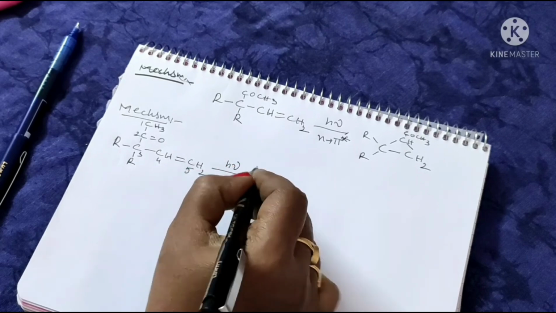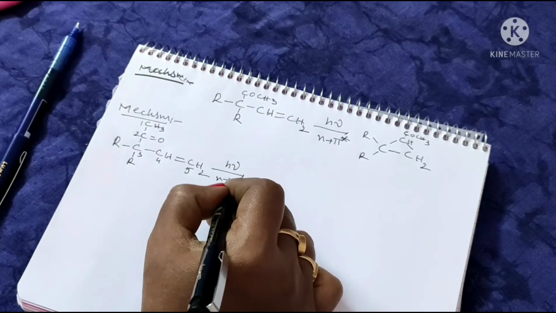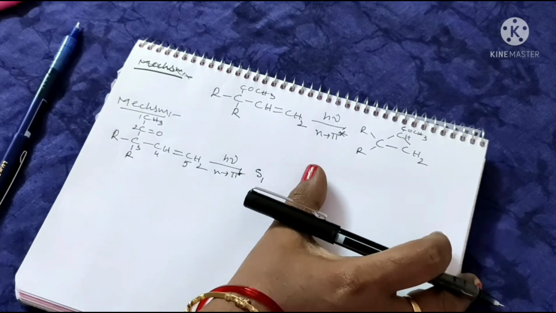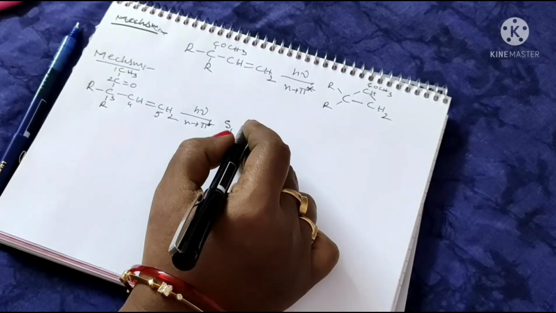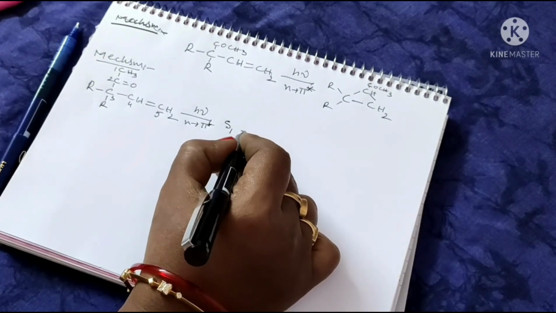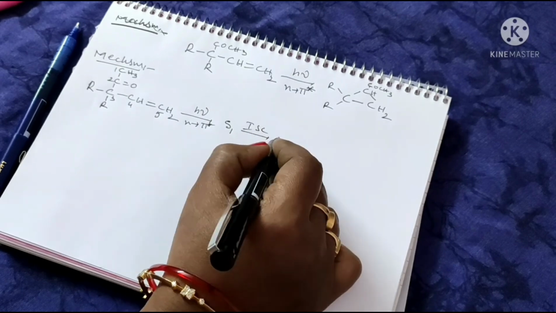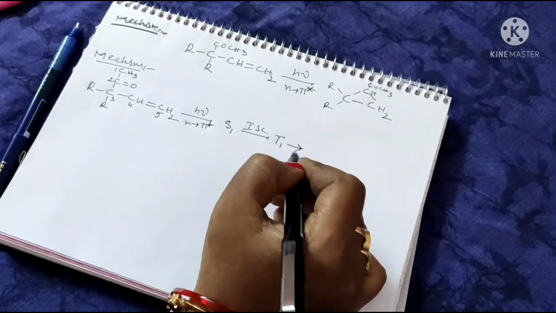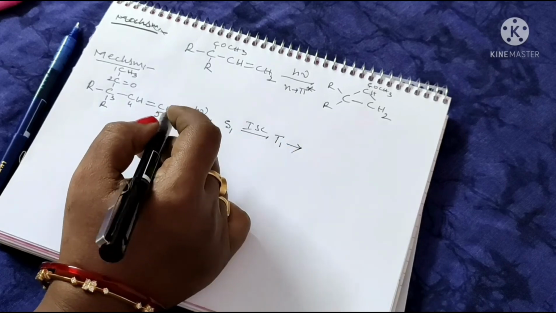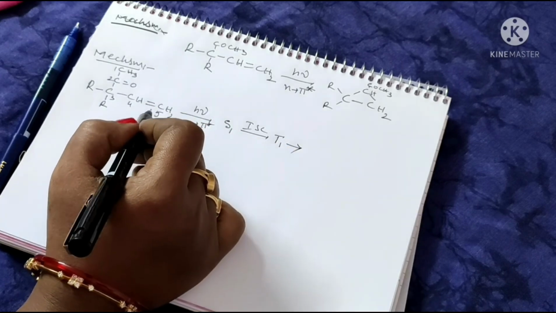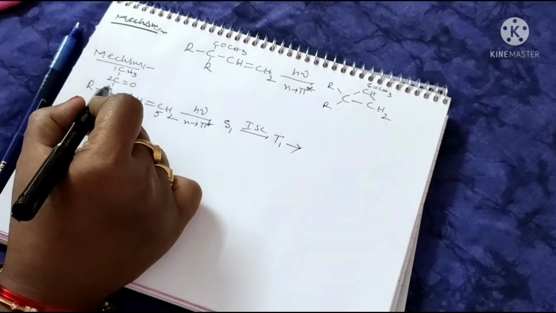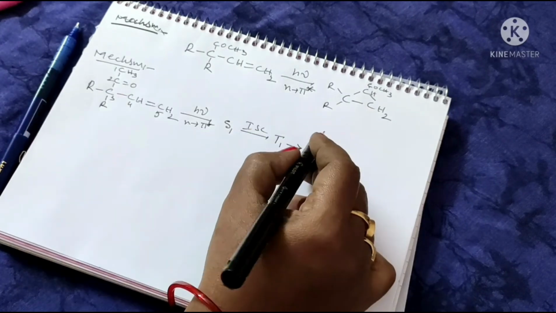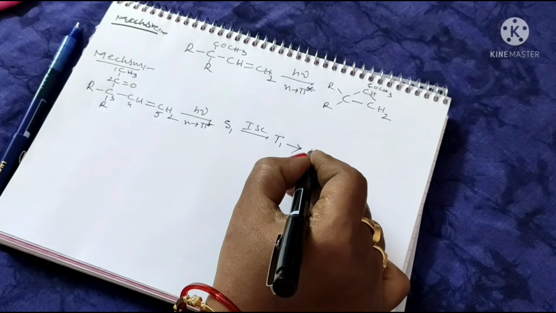When light is absorbed by the compound and an n to pi star transition takes place, it goes to the singlet state. By intersystem crossing, it is converted into the triplet state, and then it divides into radicals.